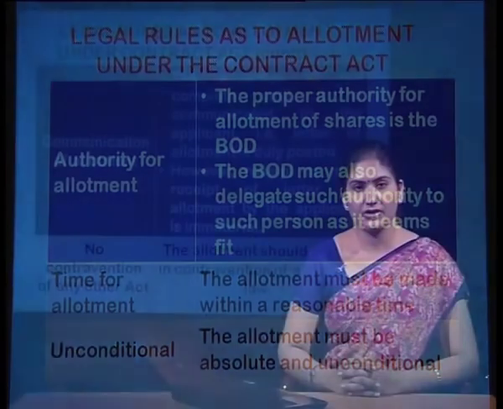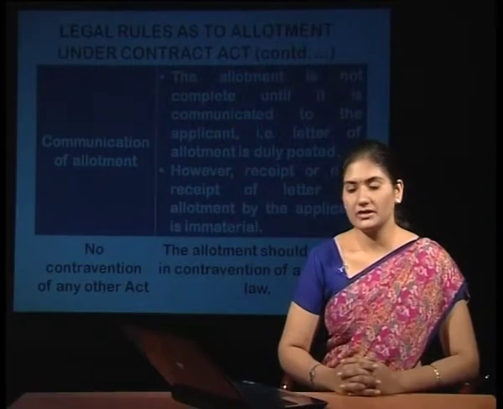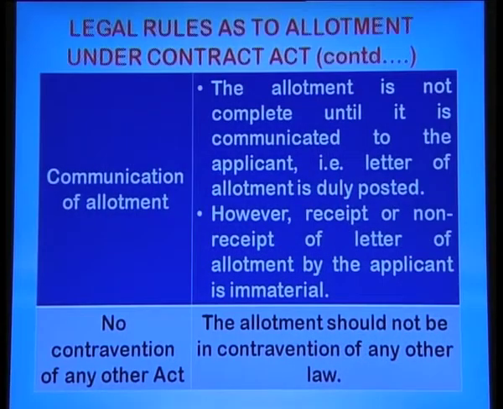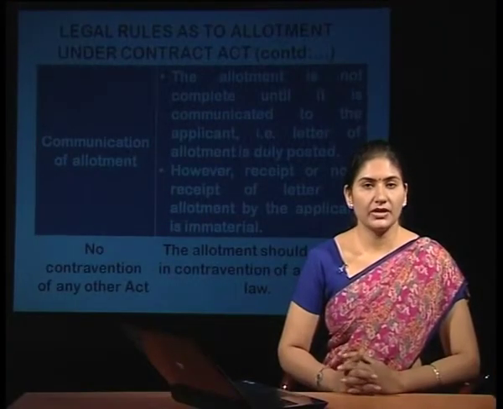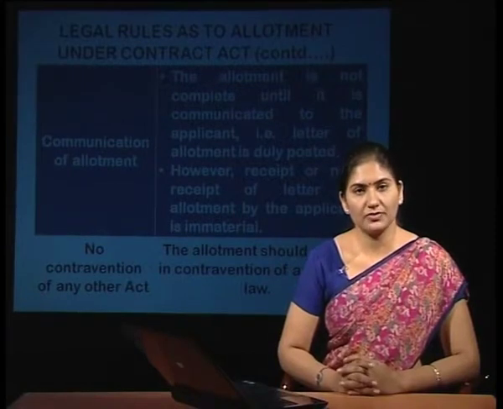Now, communication of allotment. The allotment is not complete until it is communicated to the applicant, that is, a letter of allotment is duly posted. However, receipt or non-receipt of the letter of allotment by the applicant is immaterial. The law demands that a communication regarding the allotment should be made.